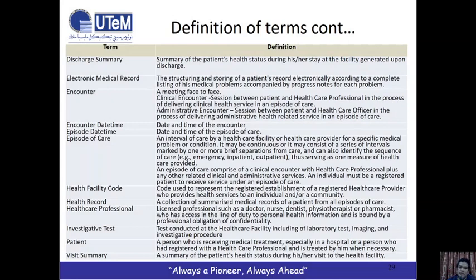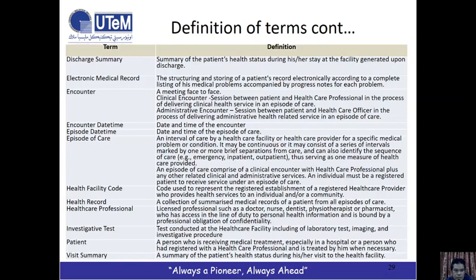So these are definitions of terms that you will use along this subject: discharge summary, electronic medical record, encounter date and time, episode date and time, episode care, health facility.